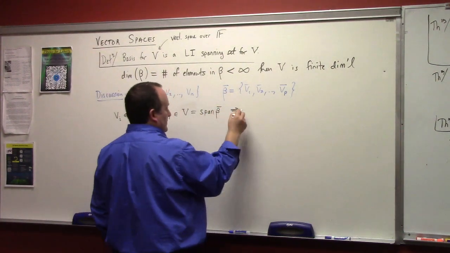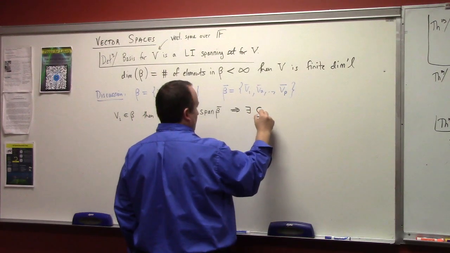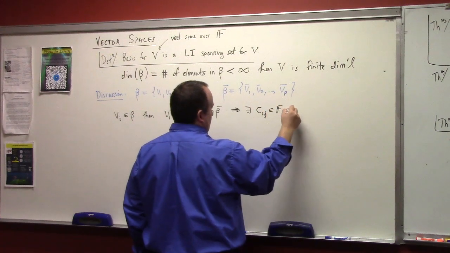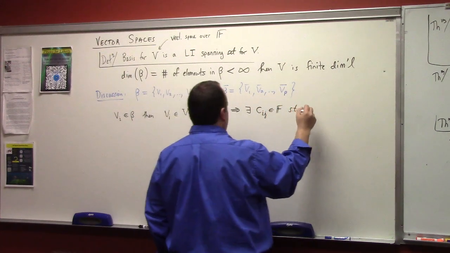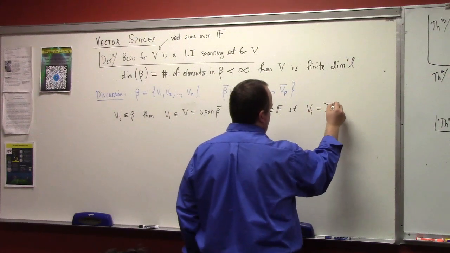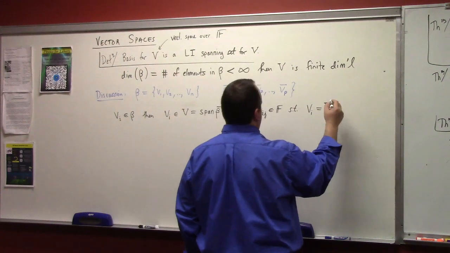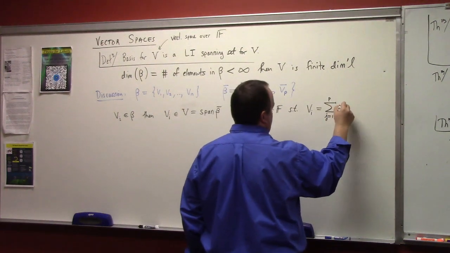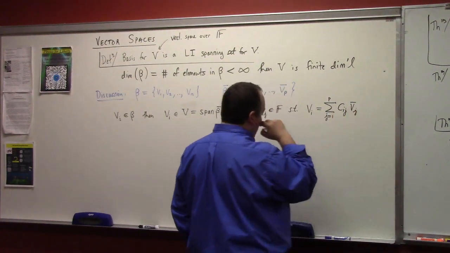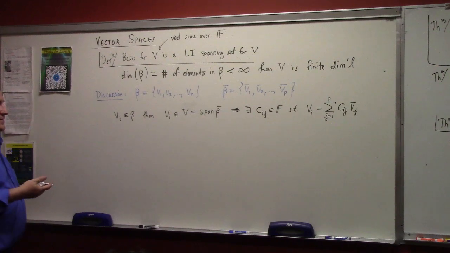Which means that there exist, let's say, big C i j in the field such that vi is equal to a sum over j equals 1 to p of Cij v bar j. So we can do that, right?